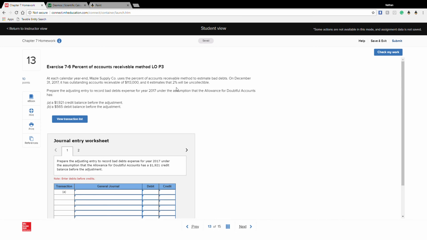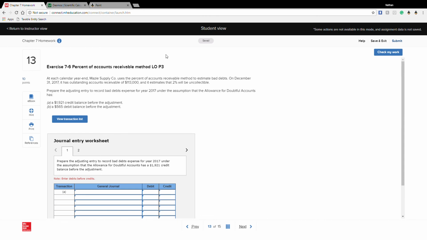And it estimates that 2% will be uncollectible. Eek. So prepare the adjusting entry to record bad debt expense for year 2017 under the assumption that allowance for doubtful accounts has 1. A credit balance, and B, a debit balance.